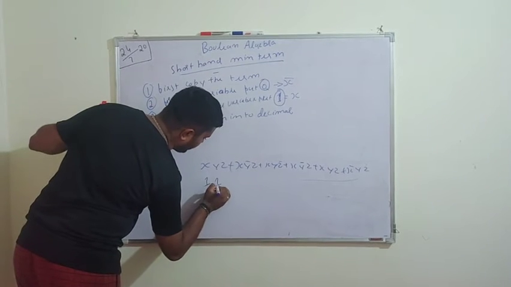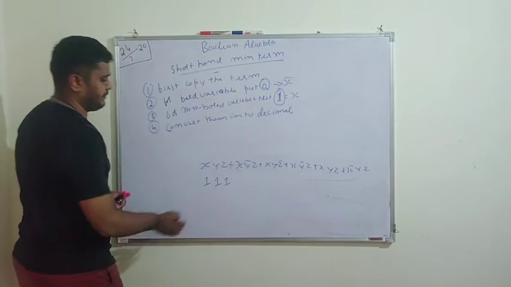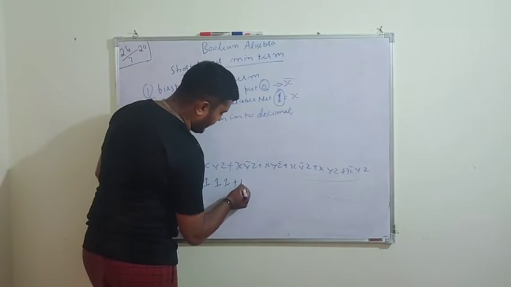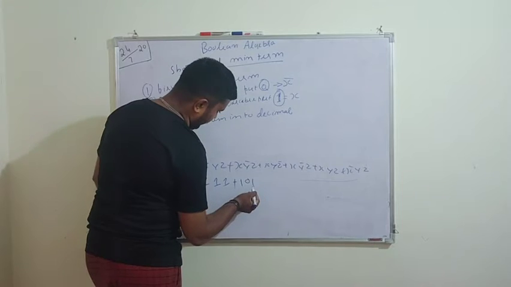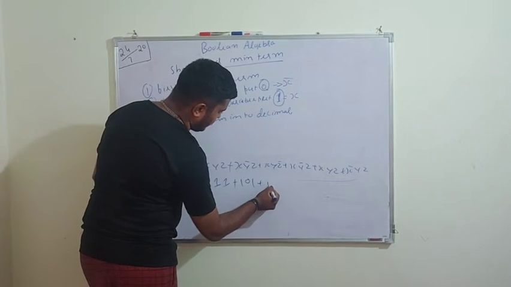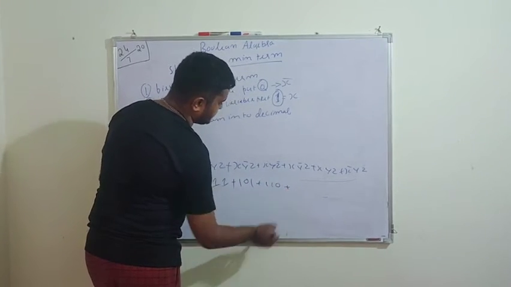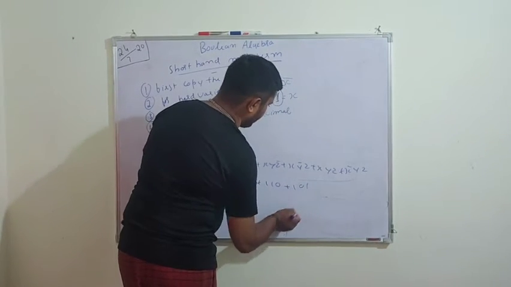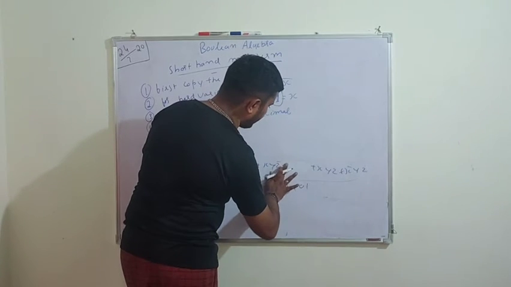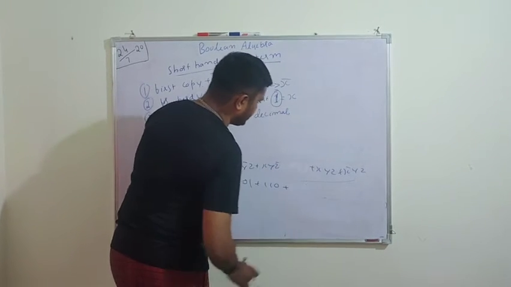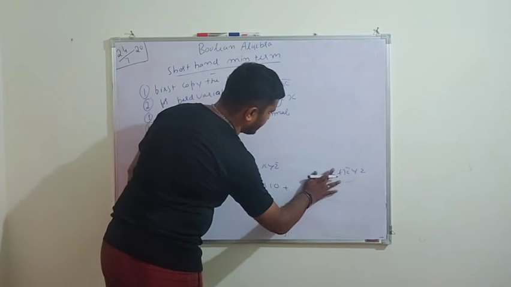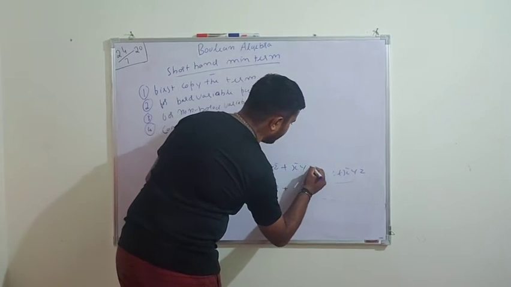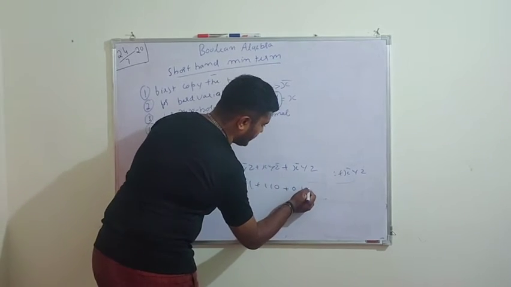So 1, 1, 1, plus 1, 0, 1, plus 1, 1, 0, plus 1, 0, 1. You can skip the repeated term, xyz also is skipped. So plus x bar yz, so 0, 1, 1.